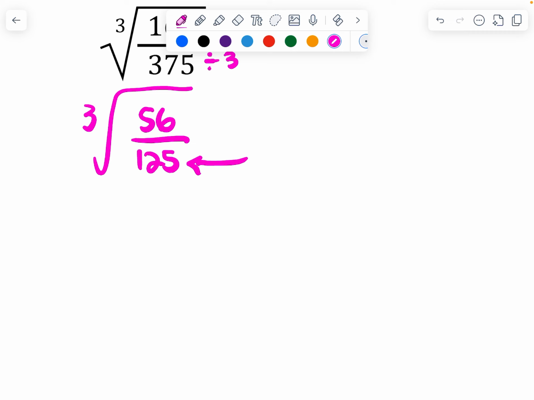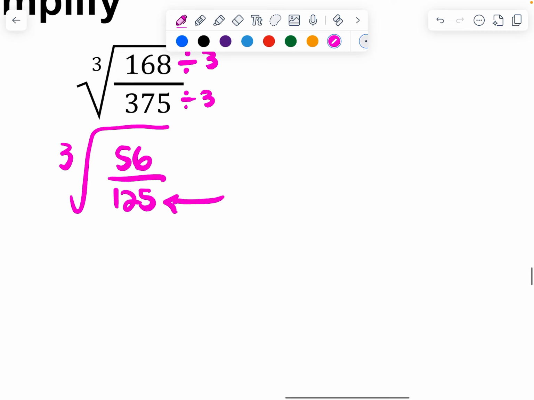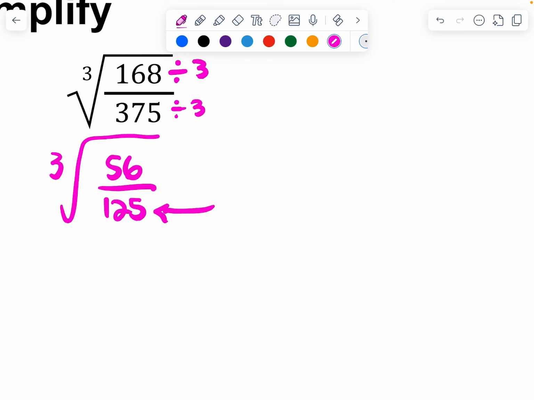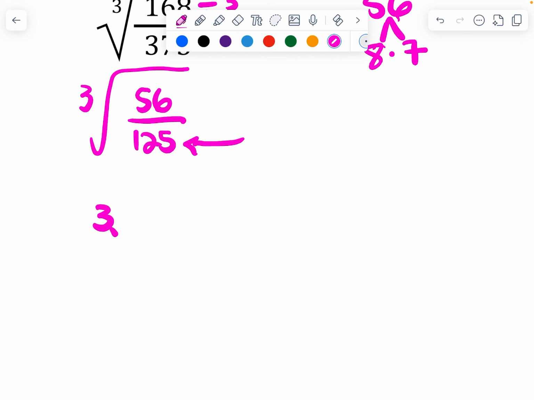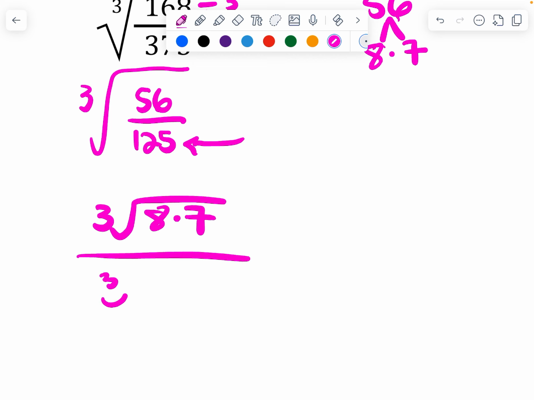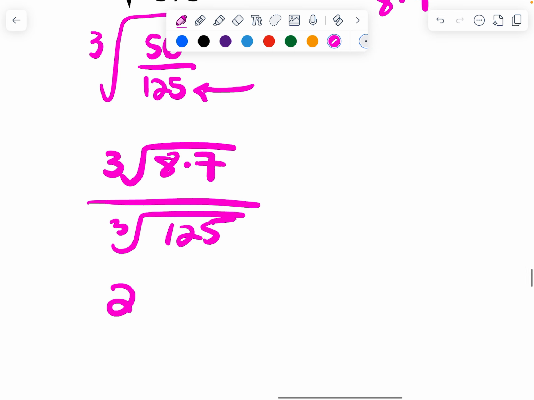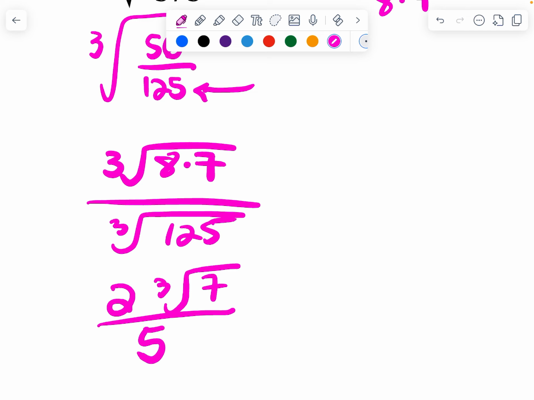This is a perfect cube down here. So 56, 8 goes into that 7 times. So we have the cube root of 8 times 7 over the cube root of 125. The cube root of 8 is 2. You can't take the cube root of 7. And then the cube root of 125 is 5.